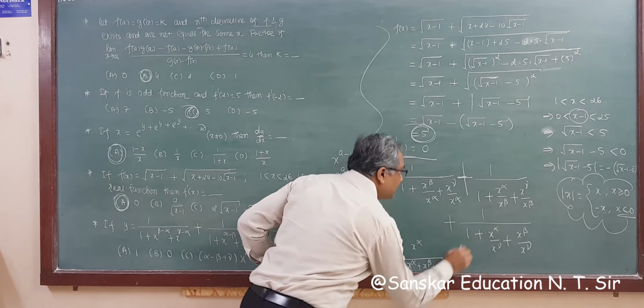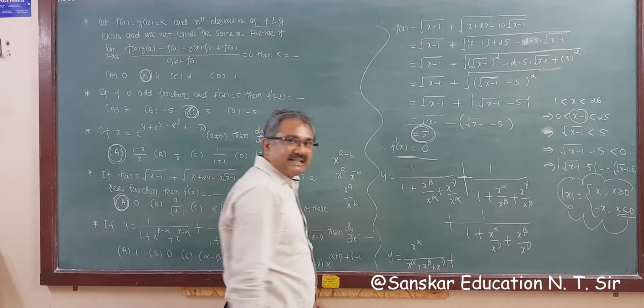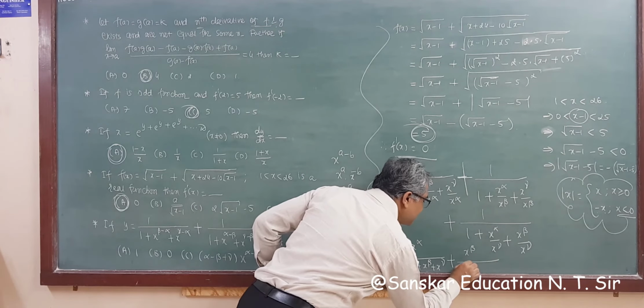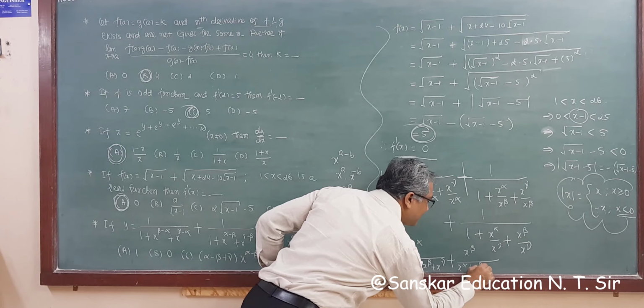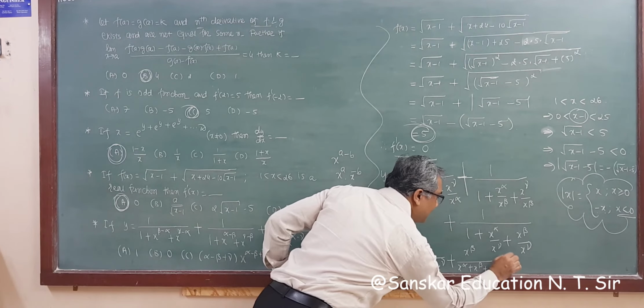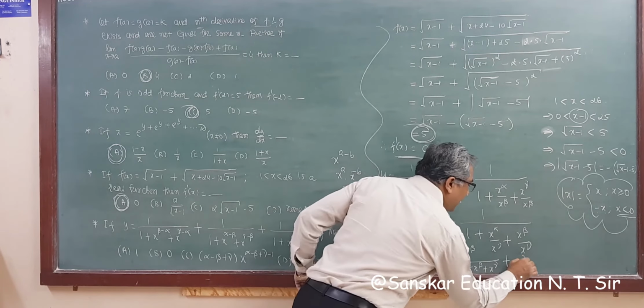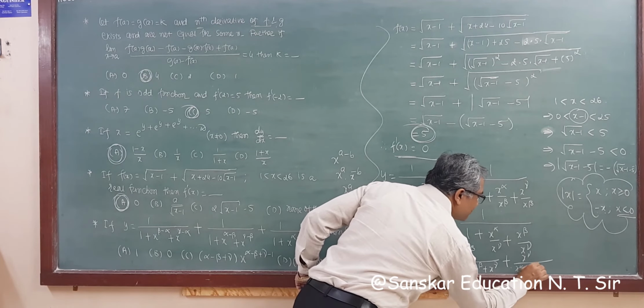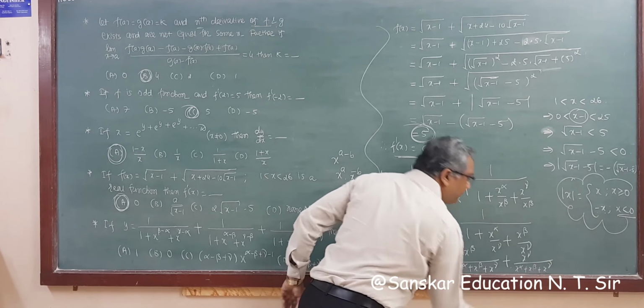Then plus, x raised to beta is the LCM. So this is x raised to beta whole upon x raised to alpha plus x raised to beta plus x raised to gamma, plus x raised to gamma whole upon x raised to alpha plus x raised to beta plus x raised to gamma.